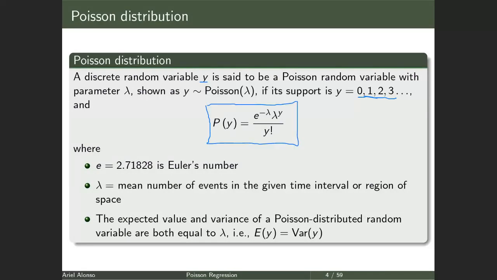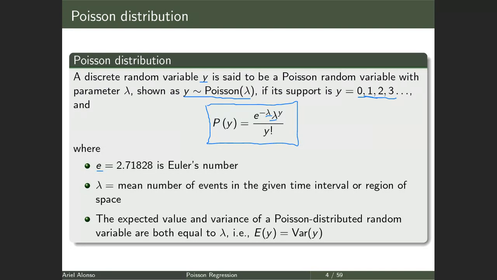That is basically the Poisson distribution. It is denoted in this way, and lambda, the parameter you have over here, is just the mean of the distribution. e is the Euler constant. You all know that it is 2.7182, etc. And lambda is the mean number of events that happen in a given time interval or region in space.